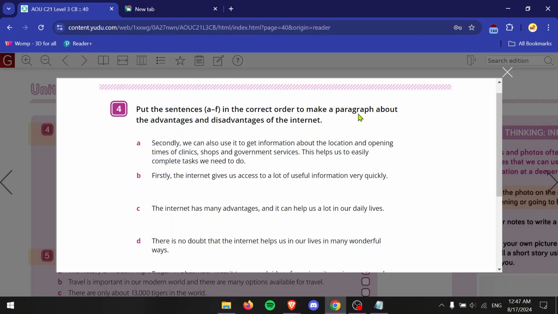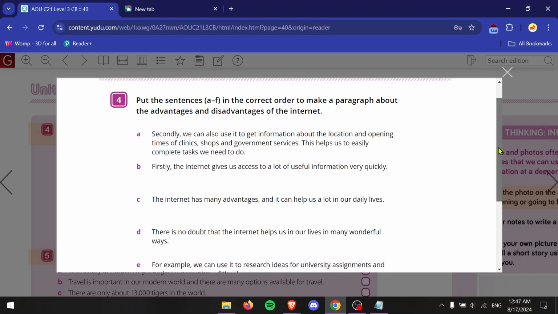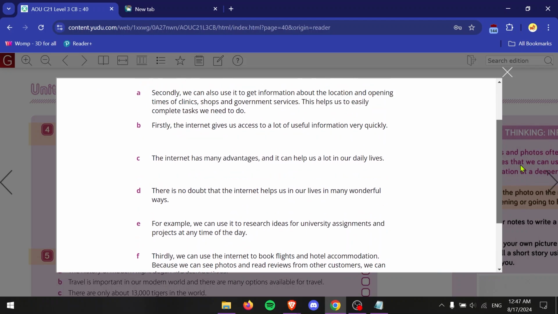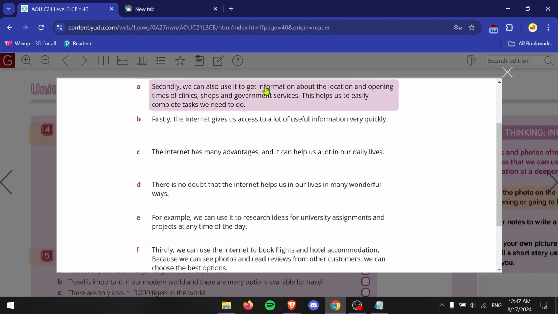And remember, if it's a paragraph, that means it's going to include an introduction, a main body, and a conclusion. So what I'd like you to do is pause the video right now, go over these. If you have a partner, that's awesome. If not, that's completely fine too. Order these correctly and then come back and check your answers.